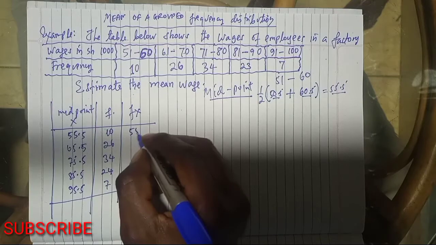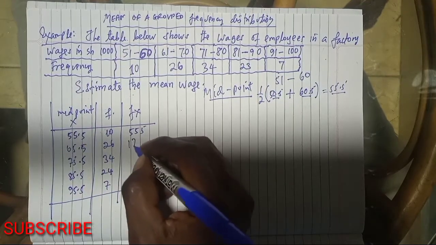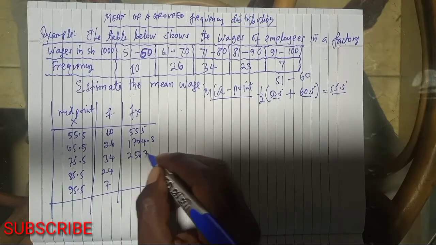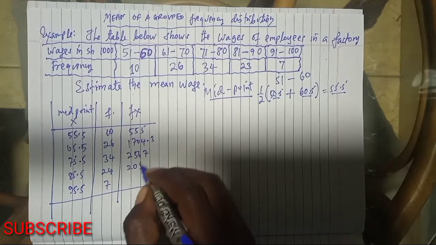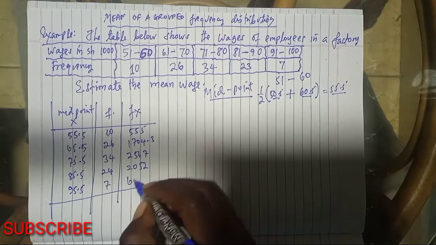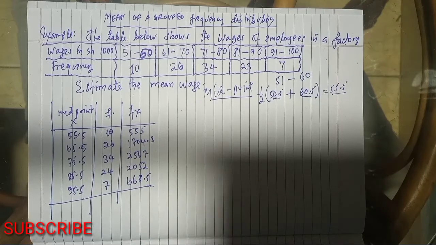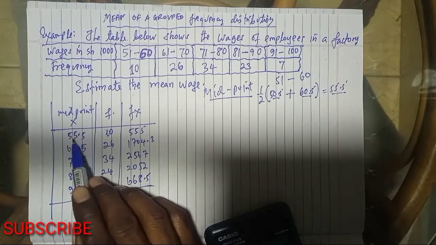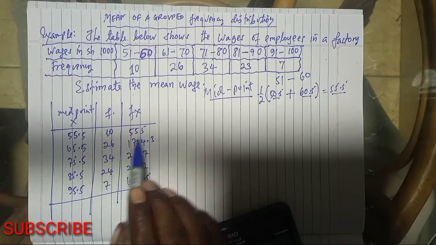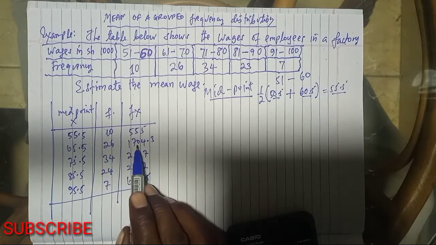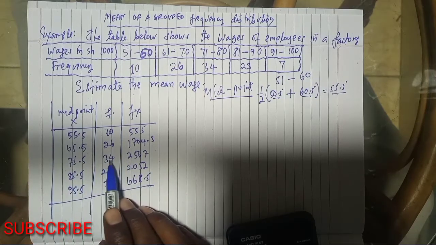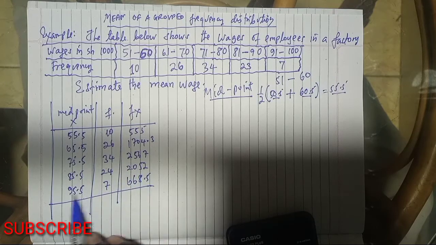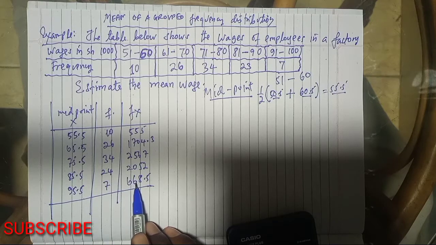It is frequency times midpoint. 55.5 times 10 is 555, and 65.5 times 26 is 1704.3, and then 75.5 times 34 is 2567. 85.5 times 24 is 2052, and then 95.5 times 7 is 668.5.